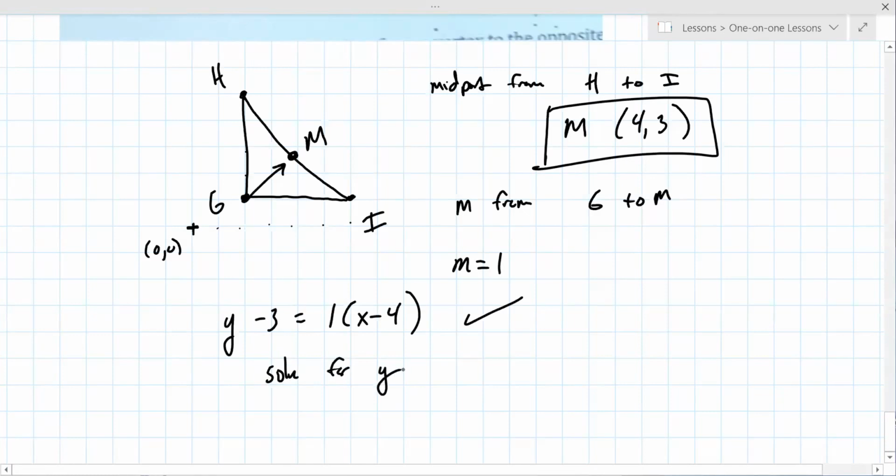Could you do that? y equals x minus 1. Yes, y equals x minus 1. Okay, great.